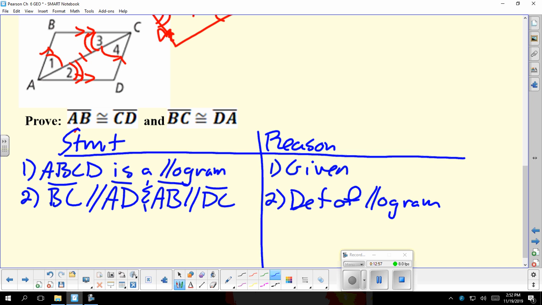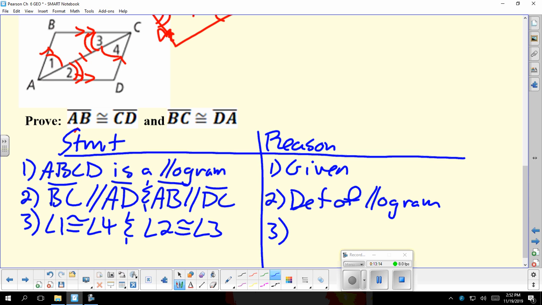So now I'm going to use that and say that angle 1 is congruent to angle 4, and angle 2 is congruent to angle 3. And that's our alternate interior angles here.